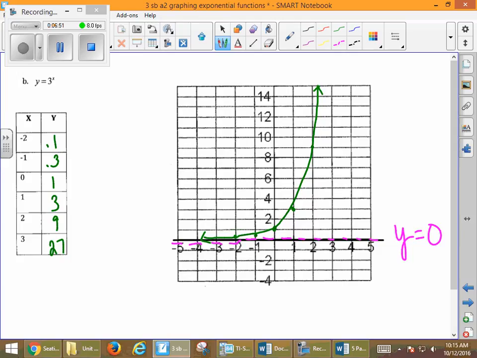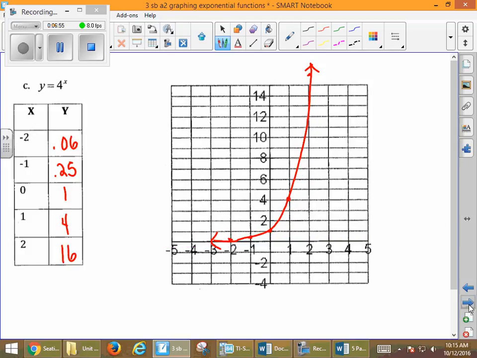And when we look at graph C, the same thing happens again. We have an asymptote at y equals 0. So there are our pictures, and I think you could agree with me that they look remarkably similar.